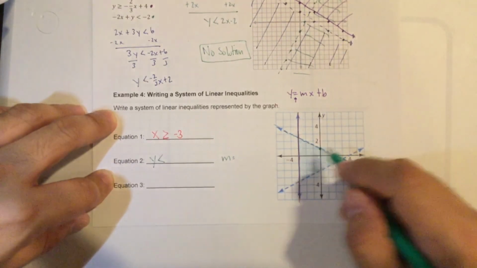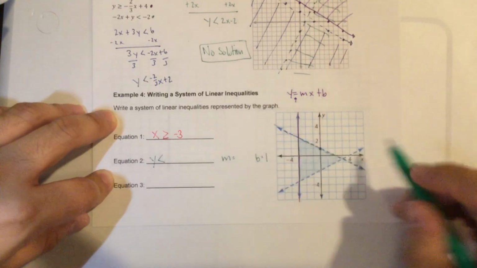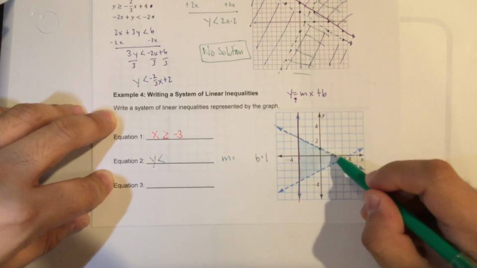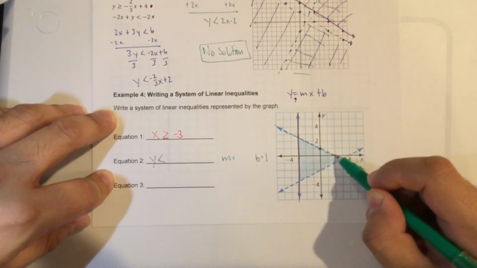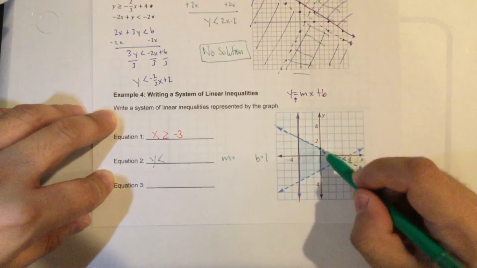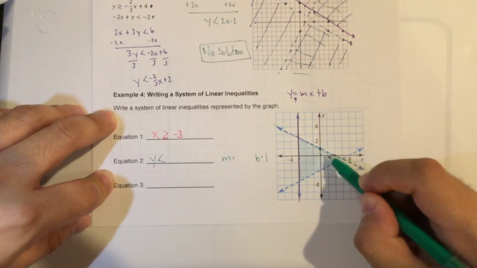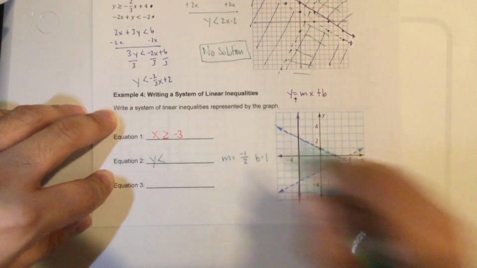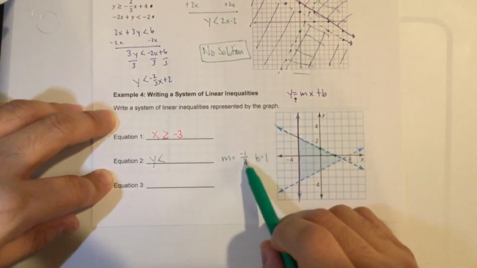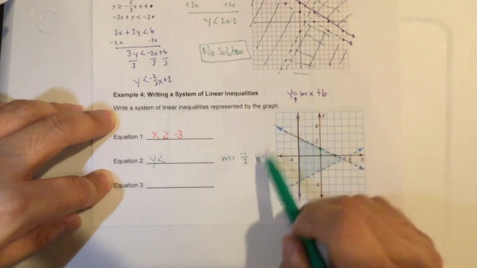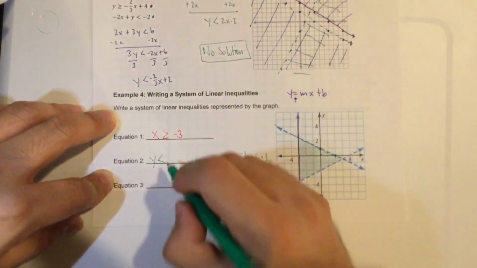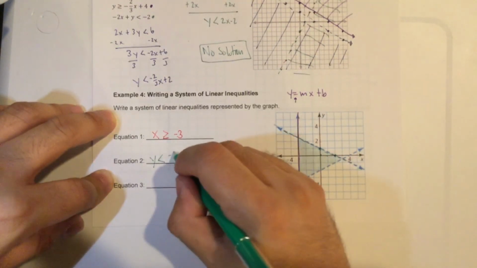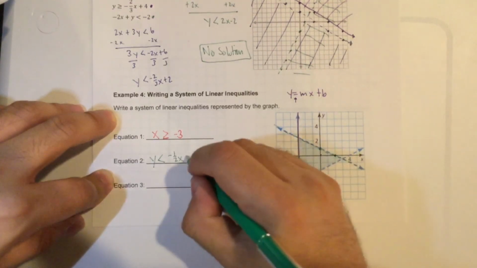So what that tells me is that my y-intercept is 1. And from here I find another nice point where these lines intersect, so I see that the lines all intersect there. So I can go down 1 and then to the right 2. So down 1 is negative 1, and then to the right 2 is positive 2. So when I plug this negative 1/2 in for m and this 1 in for b, we come up with the equation y is less than negative 1/2 x plus 1.